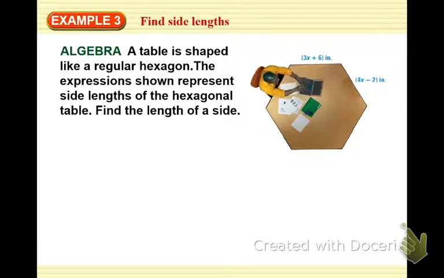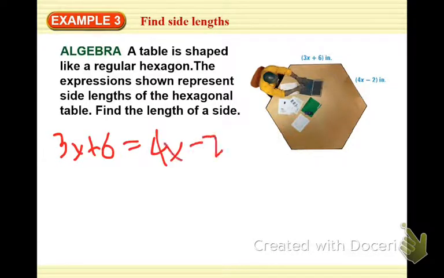Set them equal to each other. Yeah, we're going to set them equal to each other. So we're going to take 3x plus 6 is equal to 4x minus 2. We get the x's on the same side, and x equals 13, right? Oh, that's a 2. So it'd be x equals 7.